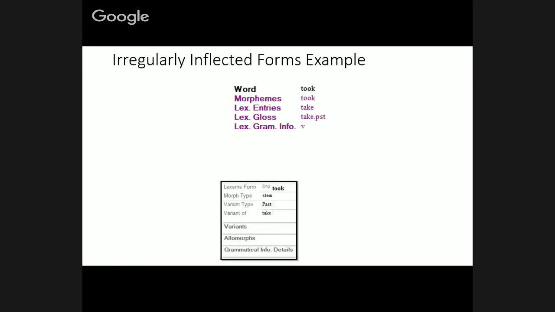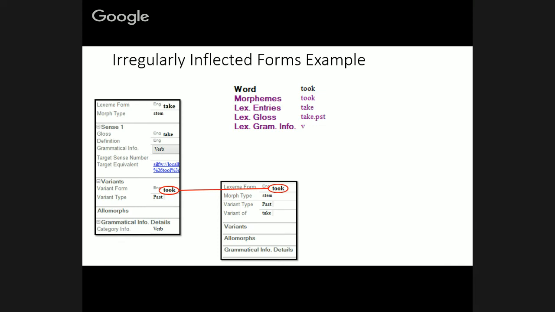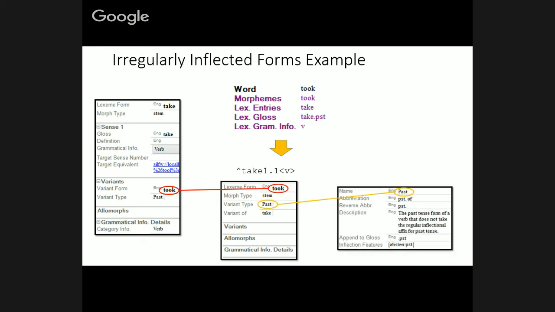And here's what FLEXTrans does. It finds took, and took is a variant. And it's a special kind of variant. It's an irregularly inflected variant. It refers back to a main entry, take. So we put out that main entry, but we also see that this variant type has some special things associated with it.